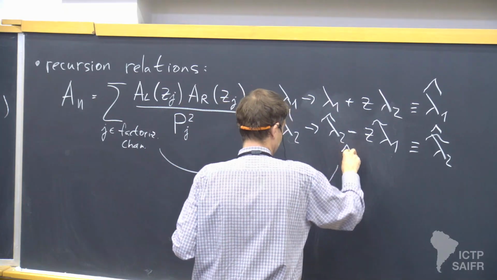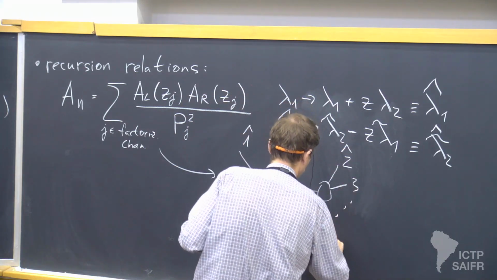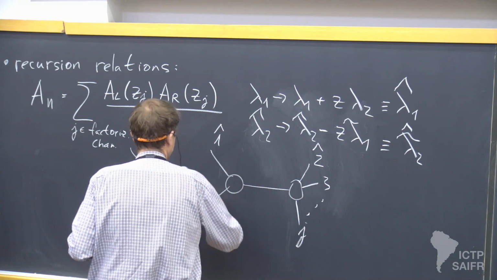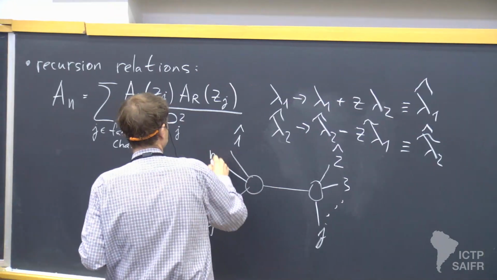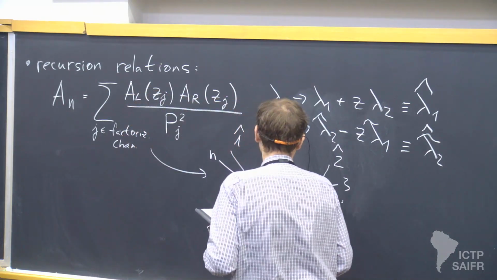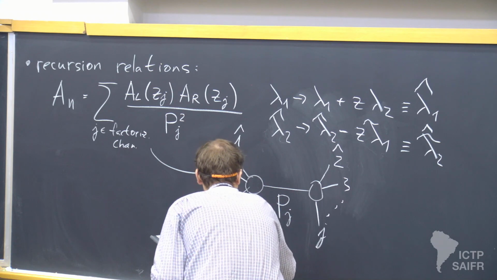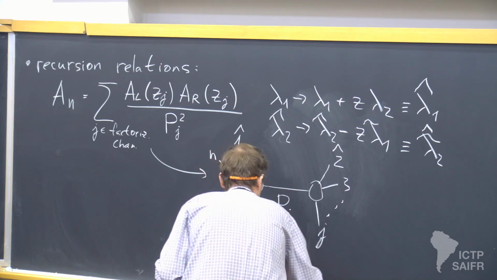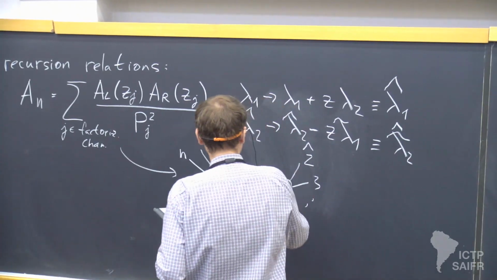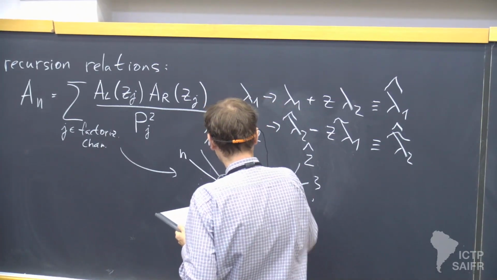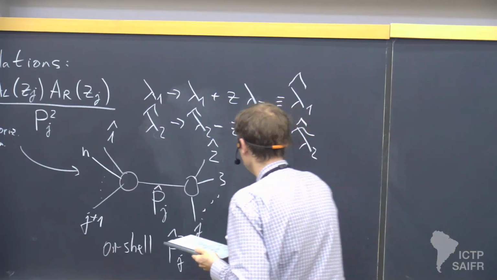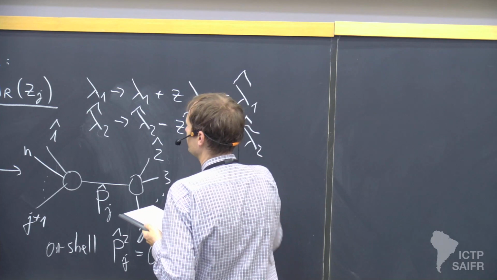These momenta are shifted. Then we have these ordered particles up to j, and on the other side from j plus 1 to n, and then 1. This momentum pj is on shell here. Now it's shifted, so this is also the shifted momentum pj hat, hat squared, and this is 0. From this equation we solve for the zj.